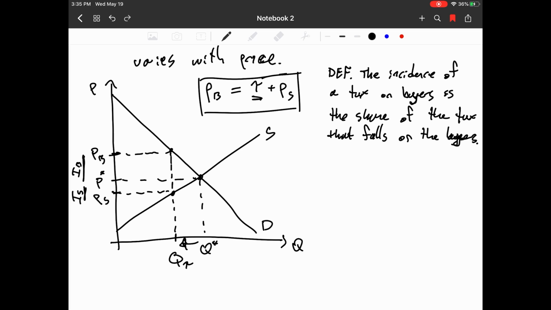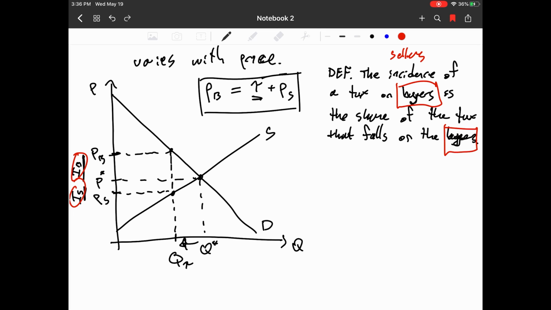And as you remember, the incidence doesn't depend on whether the tax is imposed on the buyer or the seller. And just for our definitions, I'm not going to write it on the board here, but we can just replace this with sellers, and we get the same thing just for the sellers.